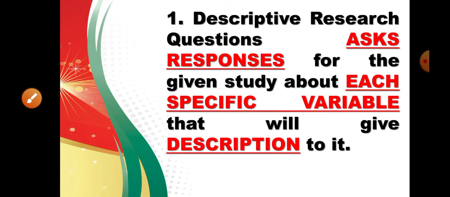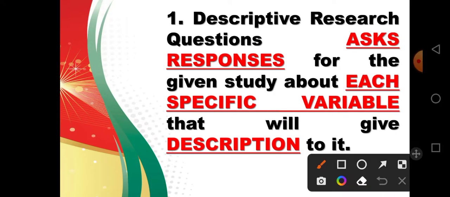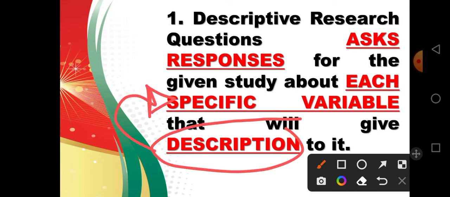The descriptive research questions ask responses for the given study about each specific variable that will give description to it. The answers that shall be given should give description to the specific variables present in the objective. So that is one characteristic of descriptive research questions.